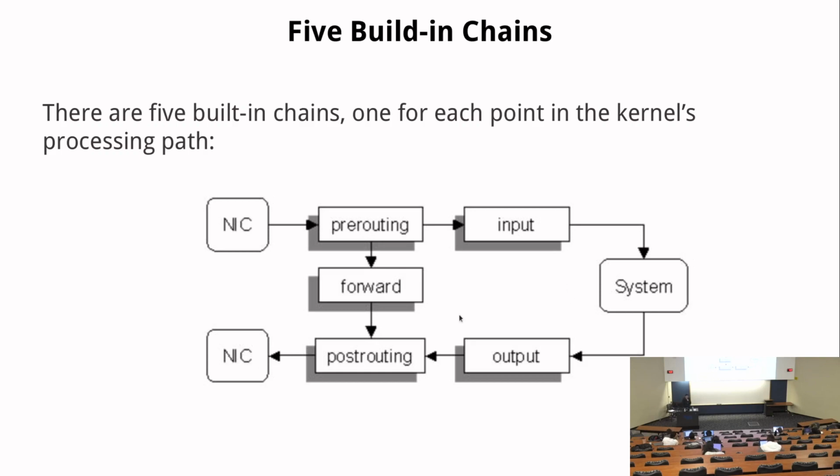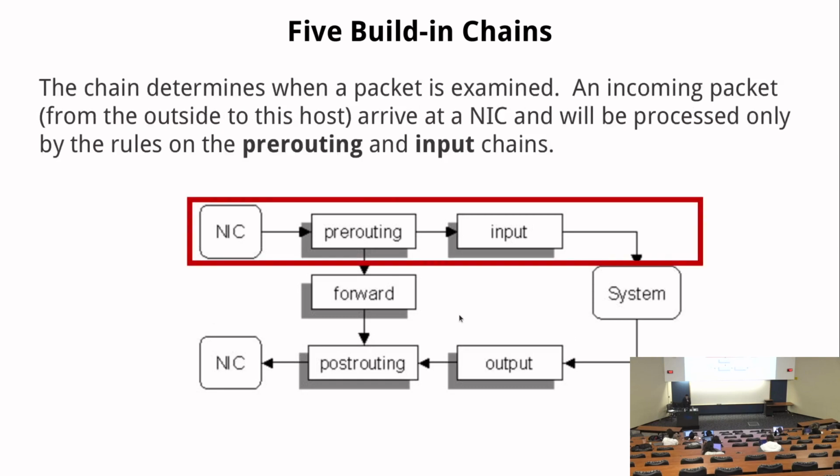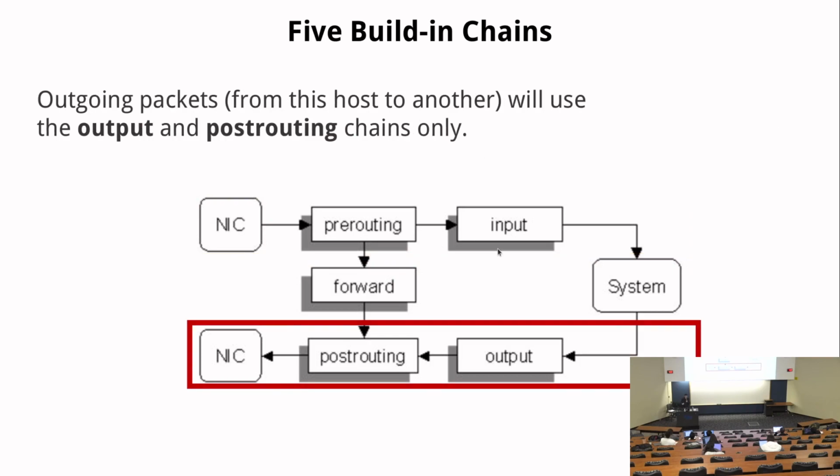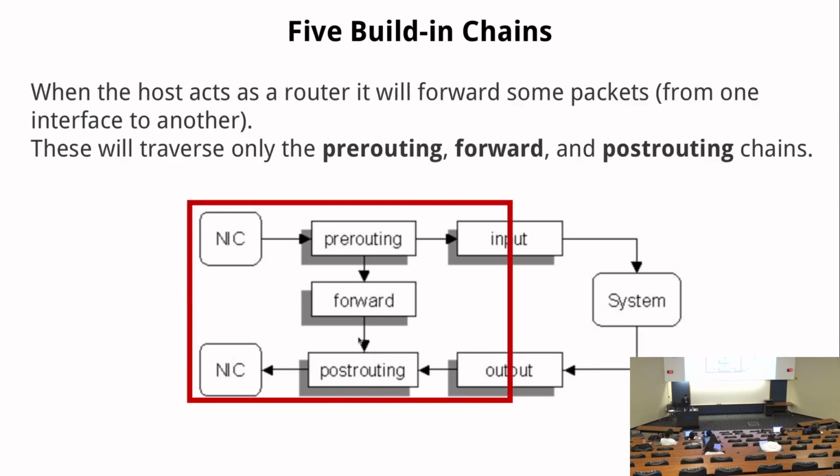All of this is part of the Linux kernel. So the chain determines when a packet is examined. An incoming packet arrives at the hardware interface and will be processed only by the rules on the pre-routing and input chains. Then the outgoing packet will be processed using the output and post-routing chains.